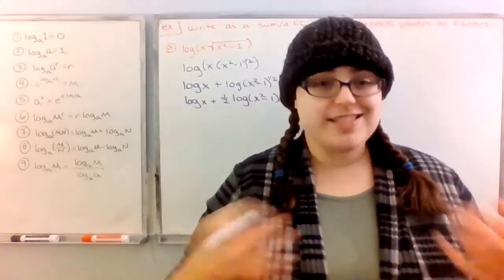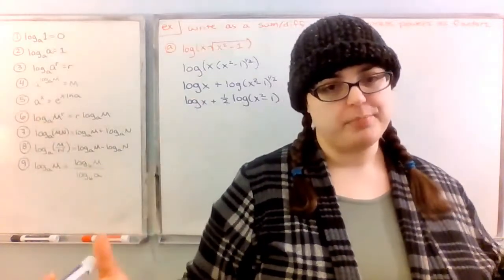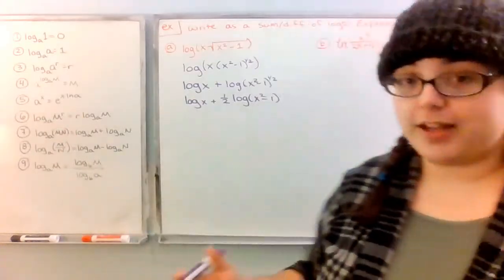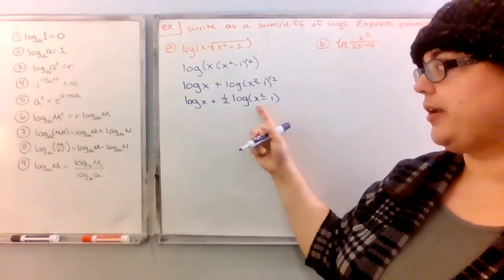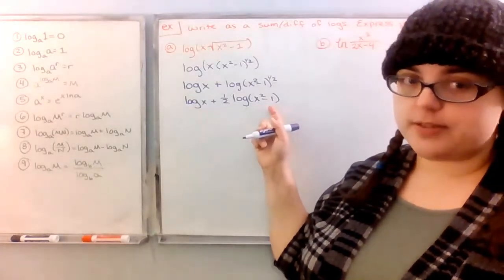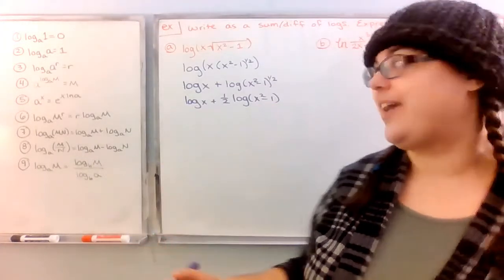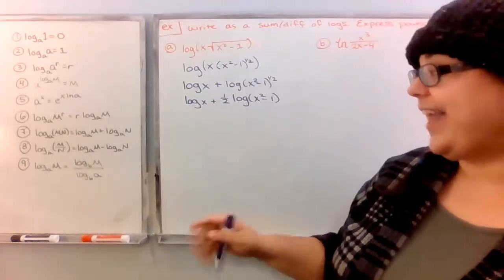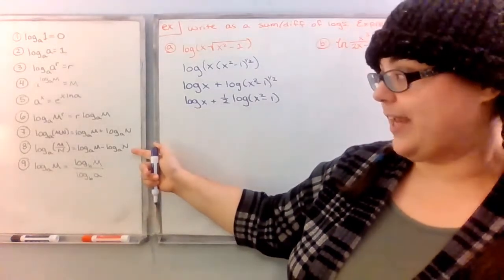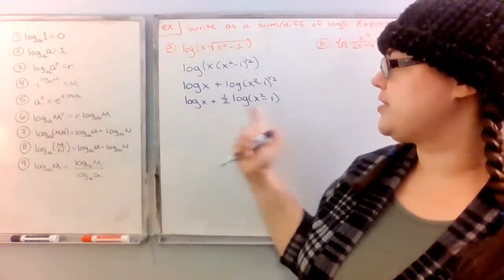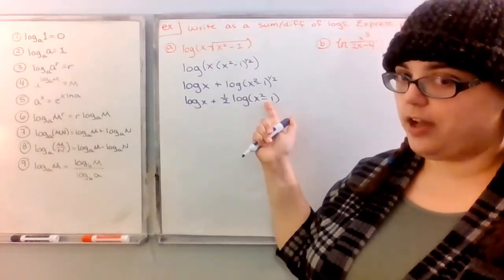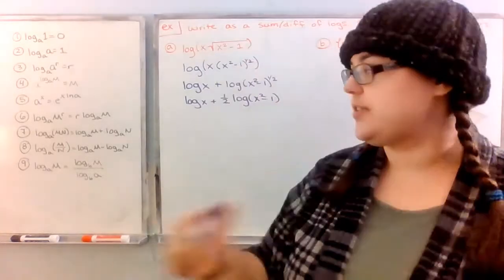Now, our goal here is to split these up as much as we possibly can. So one thing I'm noticing is that x squared minus 1 is a difference of perfect squares. So I can factor that. Be very careful here. I can't apply property 8 at this point, because the subtraction's happening inside the logarithm, like it's log of a difference.